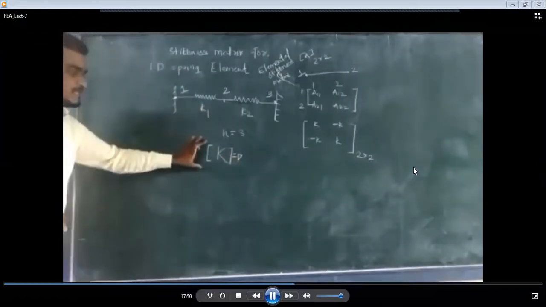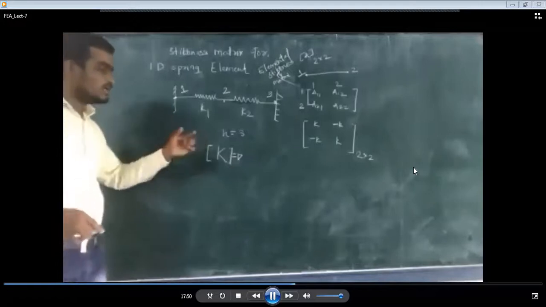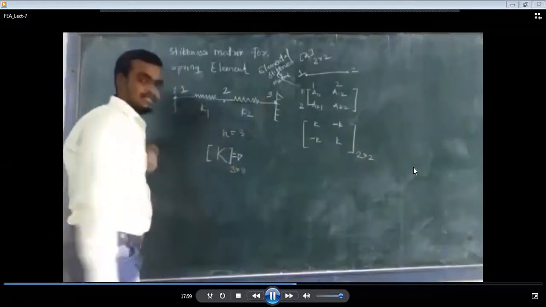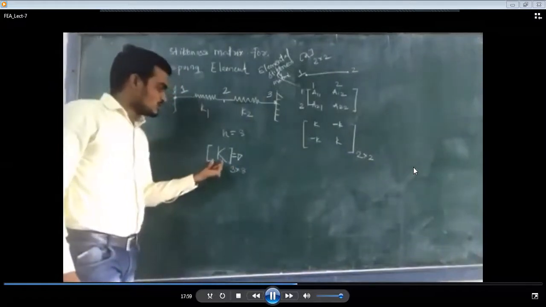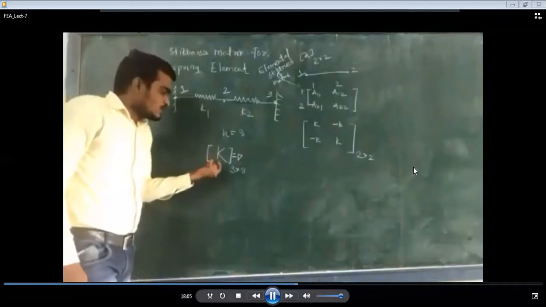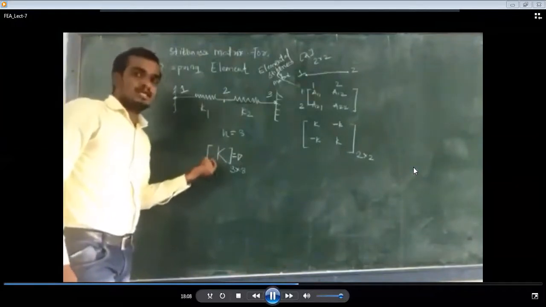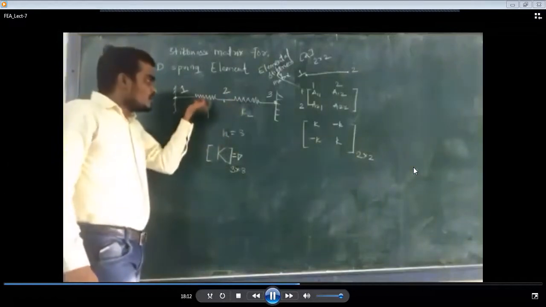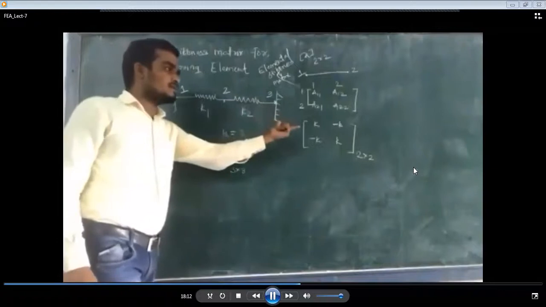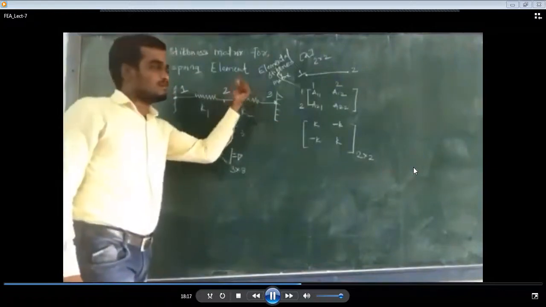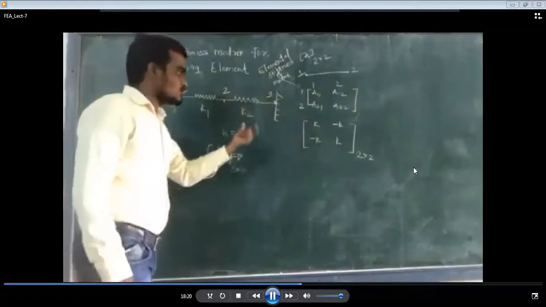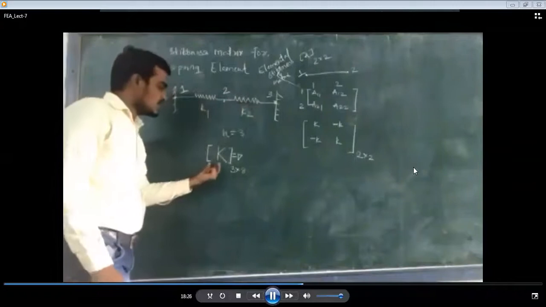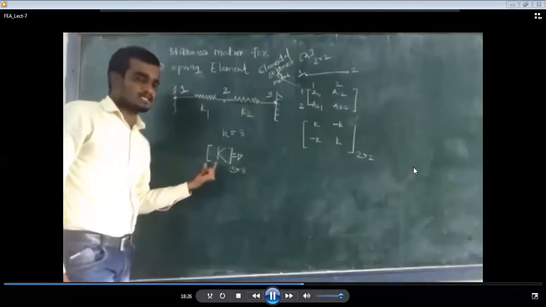So this is your global stiffness matrix K, which we will construct by using your elemental stiffness matrices, and the order of the global stiffness matrix will become 3 by 3 because there are three nodes. First we will construct our elemental stiffness matrix for element 1 and for element 2.